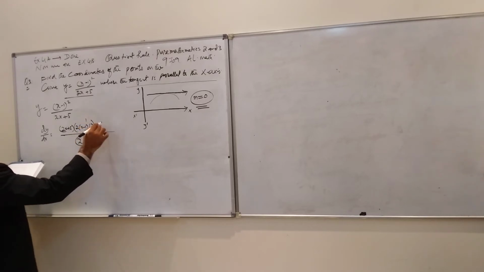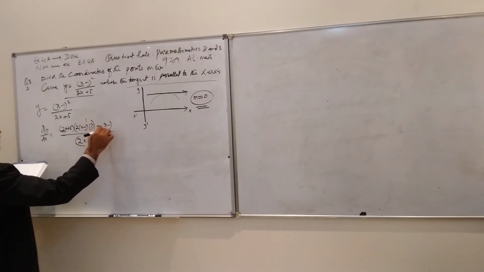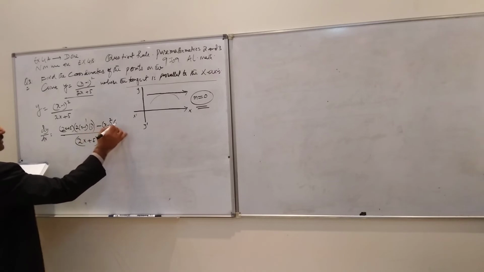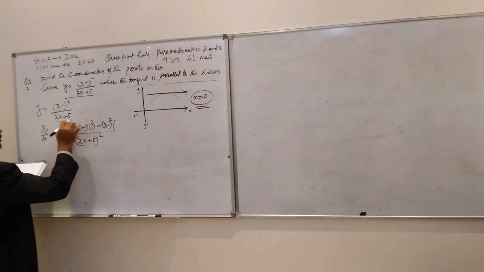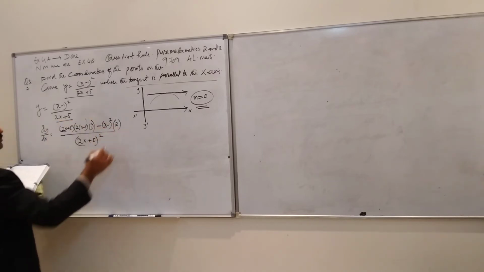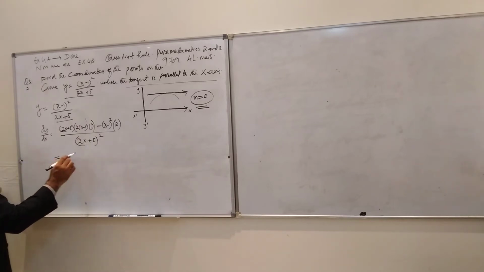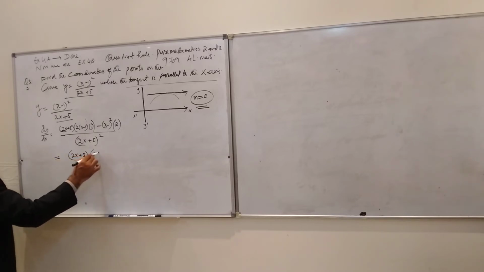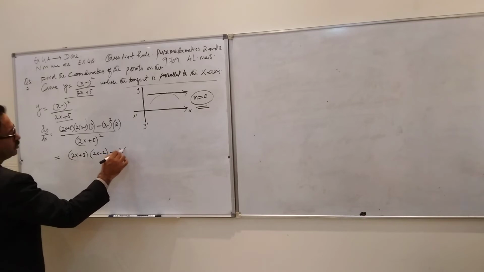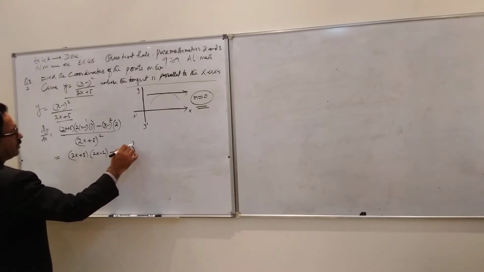That's done. Then (x minus 1) power 2, and the derivative of 2x plus 5 is 2. So we're getting 2x plus 5 into 2(x minus 1) and minus 2 into (x minus 1) whole square.